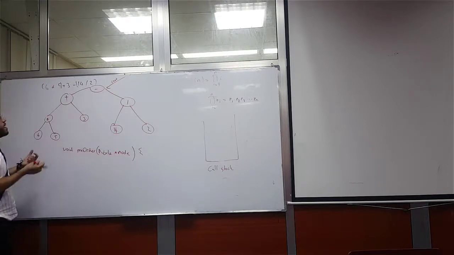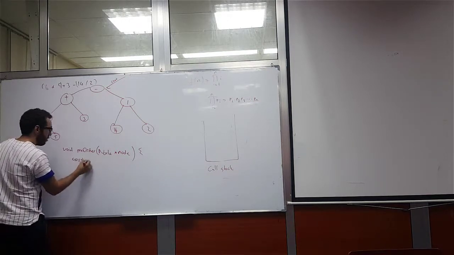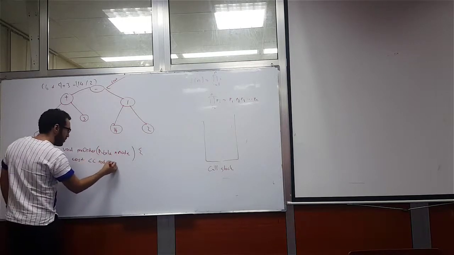And in the pre-order traversal, what we are doing is first we print ourselves, and then our left subtree, and then our right subtree. So with this logic, we come to the pre-order traversal, and we have the node. Who are we going to print first? Ourselves, right? So we're just going to print the data.